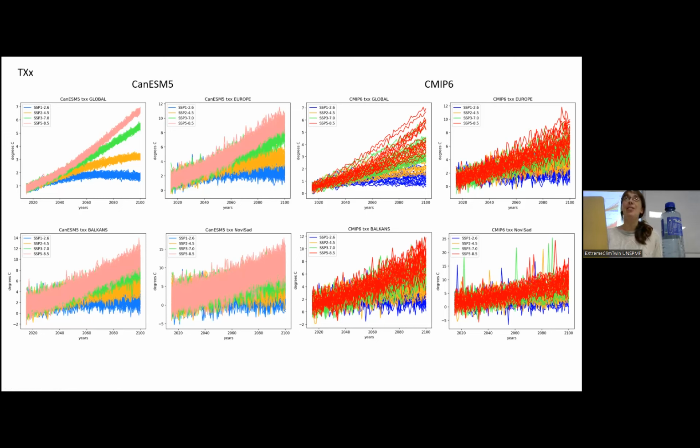There's advantages and disadvantages to using one over the other. CMIP6 is good in that it gives you a feel for how different models differ. So it gives you an idea of how much uncertainty you've got due to choice of model, like uncertainties about how to represent processes and things like that.